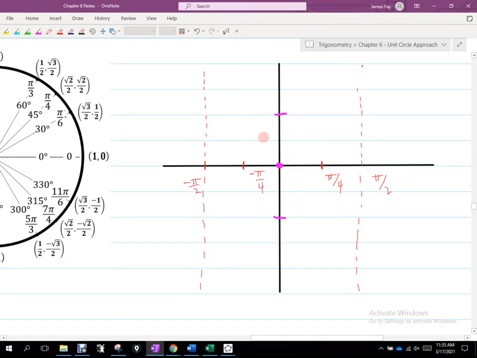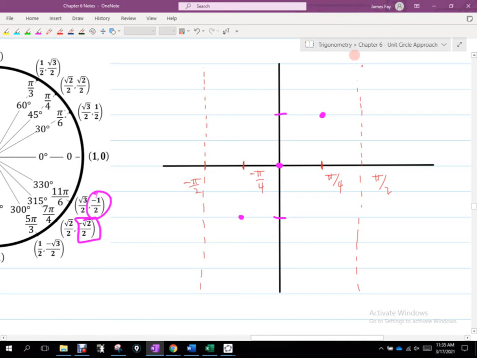At pi over 4, what is the relationship between the sine and the cosine? Yeah, they're the same thing, so their quotient is 1. And that's an easy point to plot, correct? Same thing happens at negative pi over 4, but their quotient should be negative 1, because the y value at negative pi over 4 is negative radical 2 over 2.